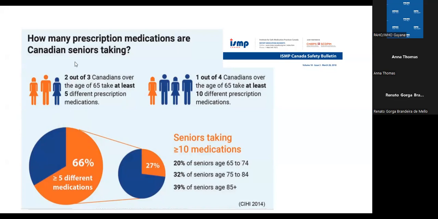66% of patients take at least 5 different prescriptions.